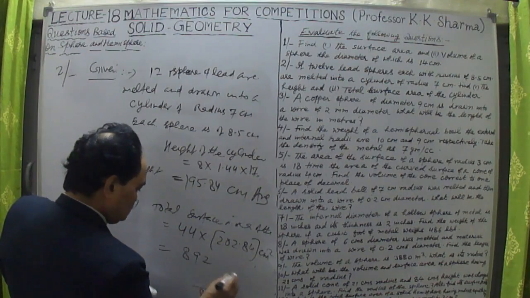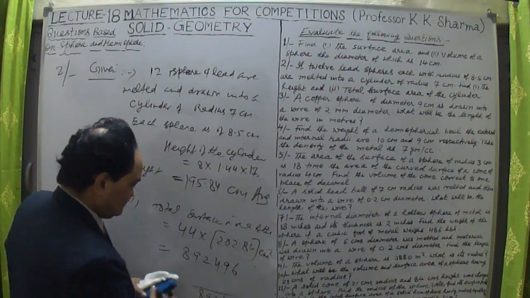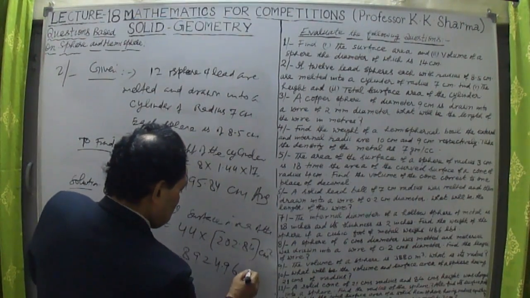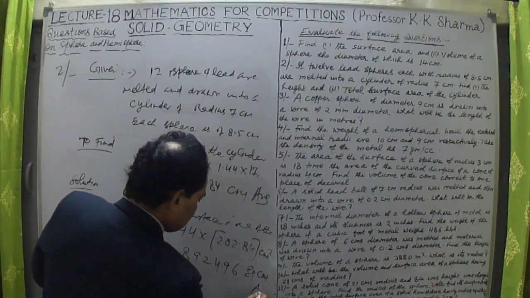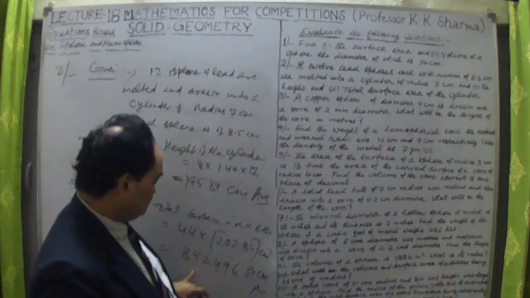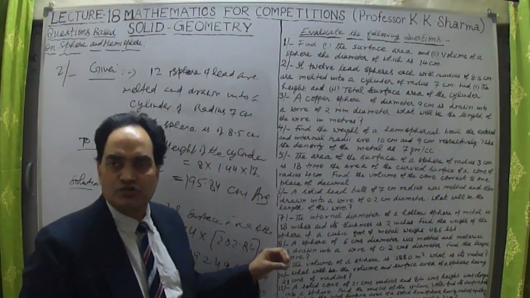8 9 2 4 9 6. The point is up to 2 decimals. So this is square unit. This much value is square centimeter. So this is the second answer, the total surface area of the cylinder thus formed. Okay, this is 8,924.96, approximate value.